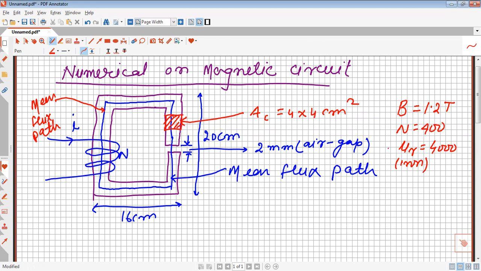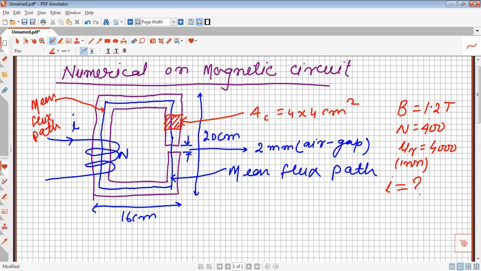Now in the question, it is asked to find the exciting current. What is the current needed here? Find I, the exciting current, so that it will establish a magnetic flux in the core whose value is given as 1.2 Tesla.